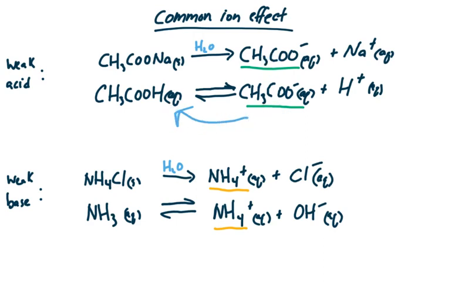Now, this common ion effect also applies to solutions that have weak bases as well. So here we have a weak base, ammonia. And if I also add to this solution a second solute, a strong electrolyte, it's ammonium chloride. When dissolved in water, it dissociates completely as a strong electrolyte into ammonium ion and chloride ion.